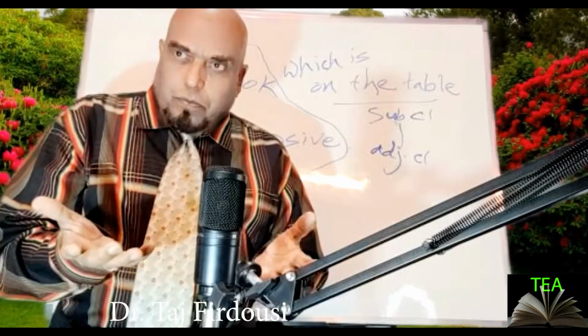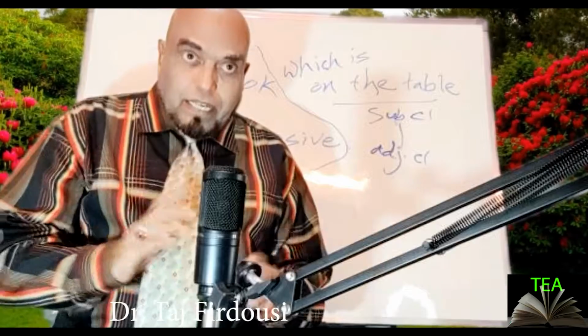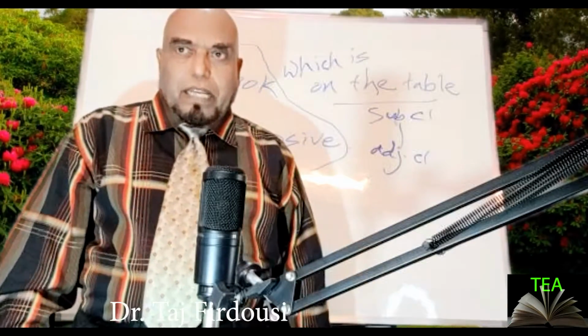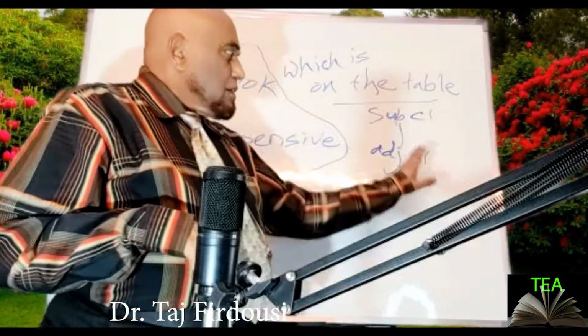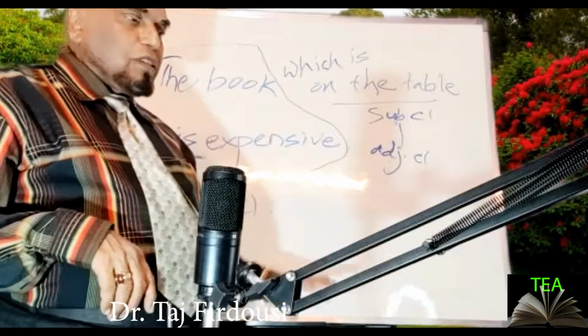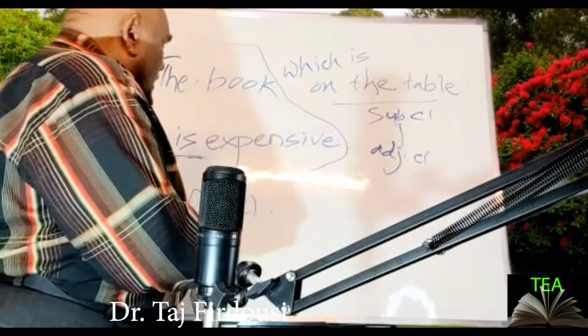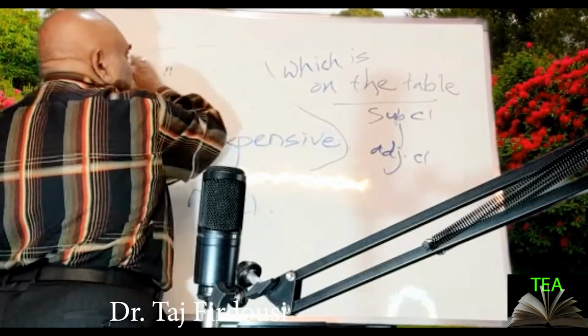Only which is on the table doesn't give full meaning. So this is a subordinate clause which explains the book, and it's called an adjective clause. That's very good. Now we will go to the next example.